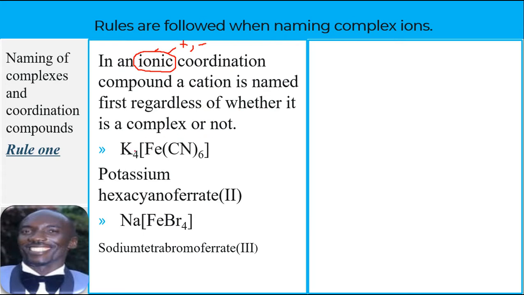So in this case, if you look at this coordination compound, we have our cation, which is this one. So if we are naming, it must be named first, regardless of whether it is a complex or not. In other words, this cation here can be a complex.